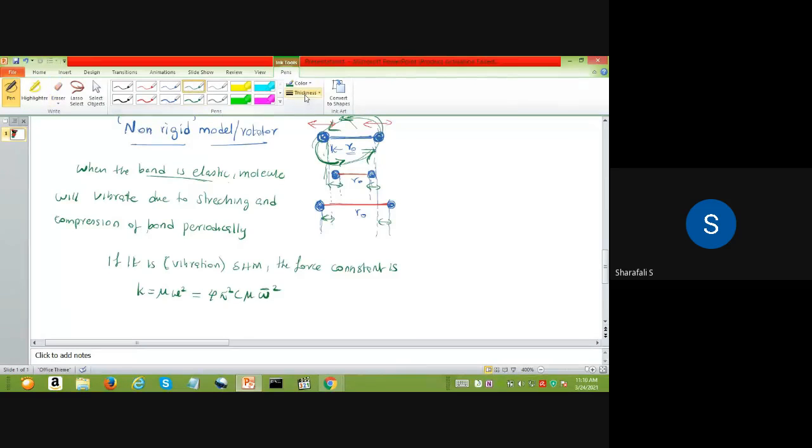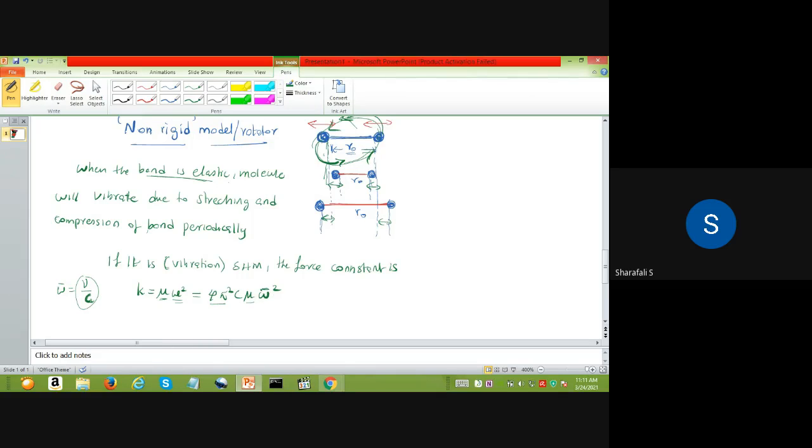Of course, in spectroscopy we use nu for the frequency. So this omega bar is nothing but nu by c, where nu is the frequency and c is the speed of light. So omega is 2 pi nu, and the square will come as 4 pi square. Then we have mu here. Then we have omega bar, which is nothing but nu by c.